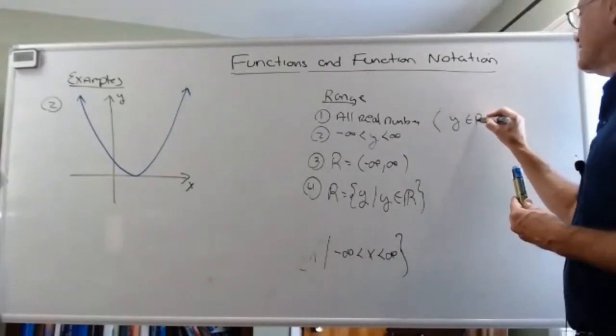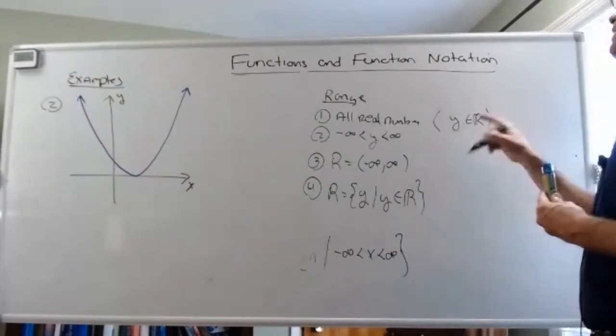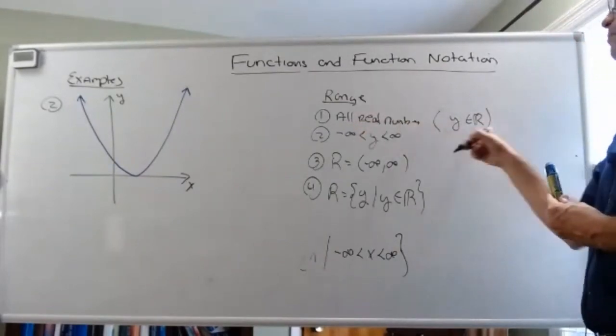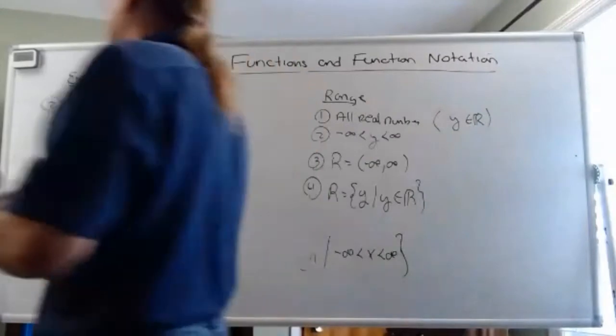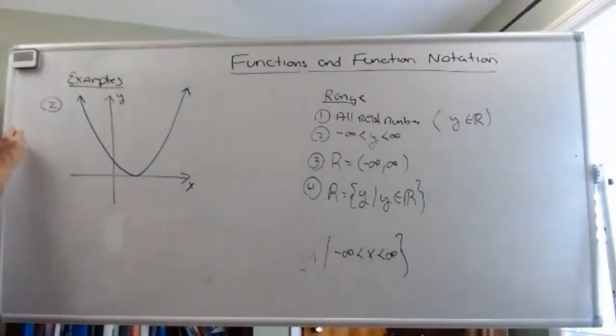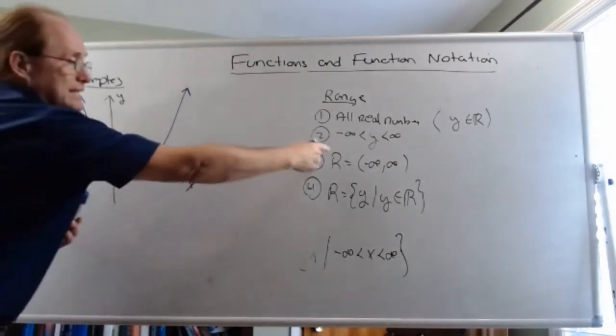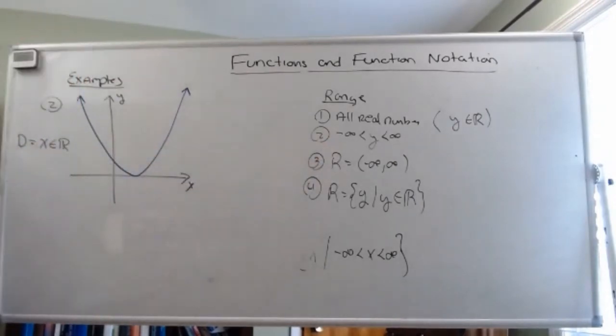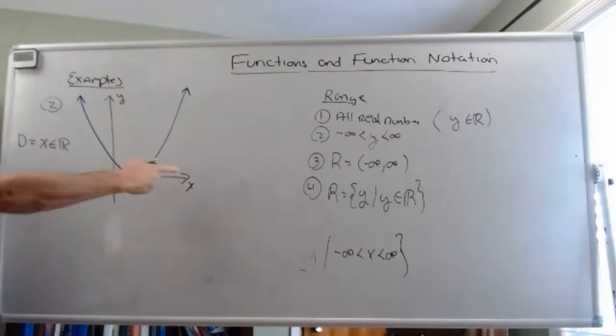I could kind of write this in that way. Y is a real number, all real numbers. So the domain over here, I'm going to use that simplified notation. Say the domain is that x can be any real number. Using the double R to distinguish it from the range. That means the real numbers as opposed to a single-sided R. Meaning, I can give you any x value and find a y.